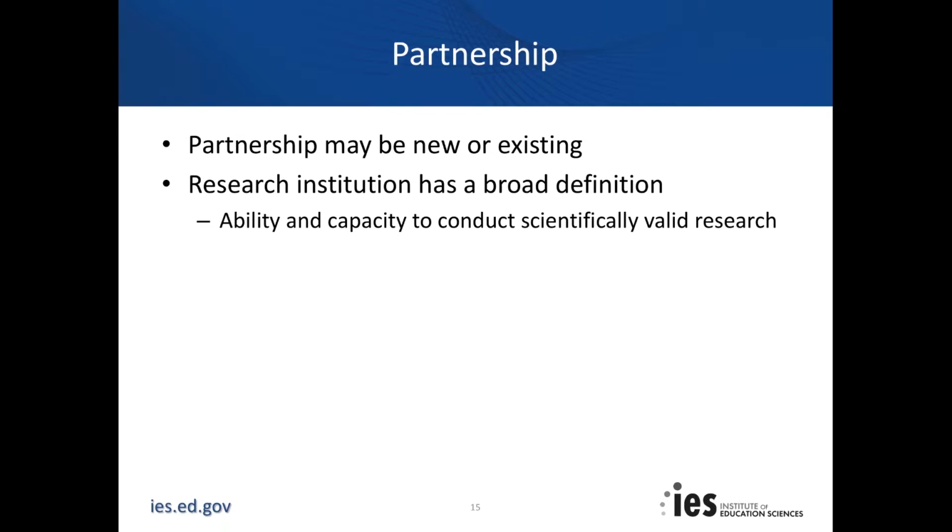And again, when we talk about the definition of research institution, we do mean it to be broad. So to be eligible to be the research institution partner, you have to show that the institution has the ability to do this type of research. It can include nonprofit and for-profit organizations, public and private institutions and agencies, for example, colleges and universities, and research firms.